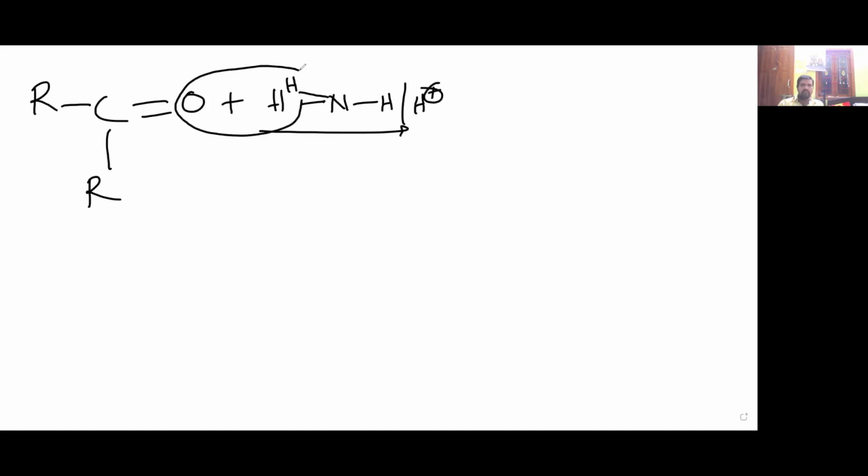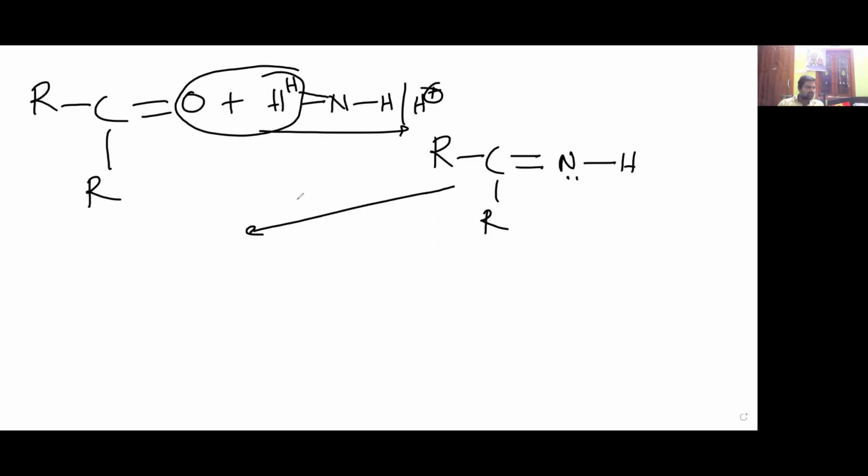The same thing again: addition followed by elimination. Then you are going to get a double bond to NH. Understood? This is then treated with H2/Ni.